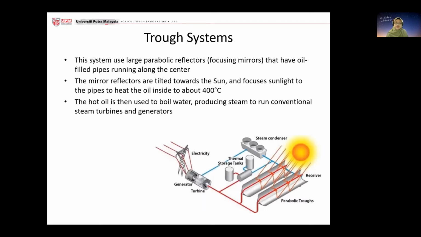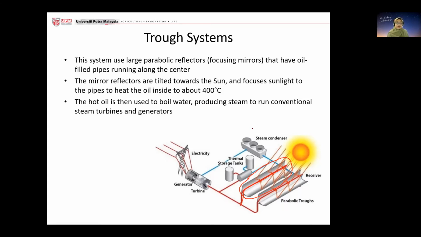In trough systems, the system uses large parabolic reflectors. Imagine you have focusing mirrors that have oil-filled pipes running along the center. So this is the trough, and you have the pipes here. These pipes contain fluids, usually oil.